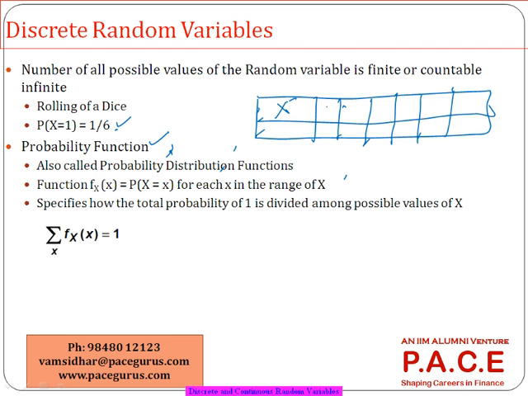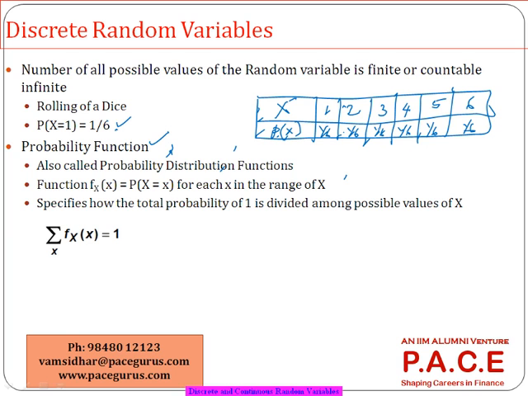So what are all the possible values x can take? 1, 2, 3, 4, 5, 6 are the various possible values x can take. And what are their corresponding probabilities? All are 1 by 6. Getting a 3 is 1 by 6. Getting a 4 is 1 by 6. Getting a 5 is 1 by 6. All of them are 1 by 6.